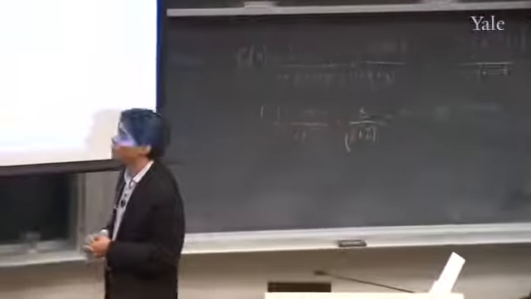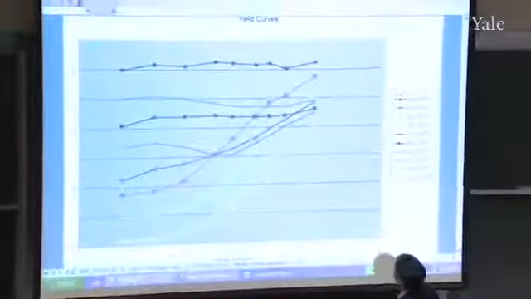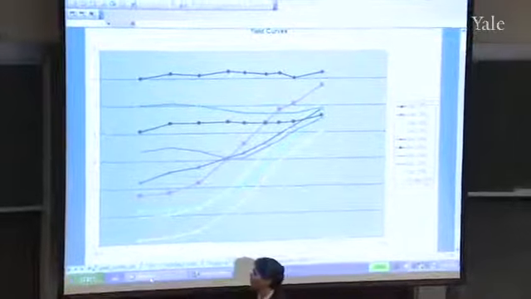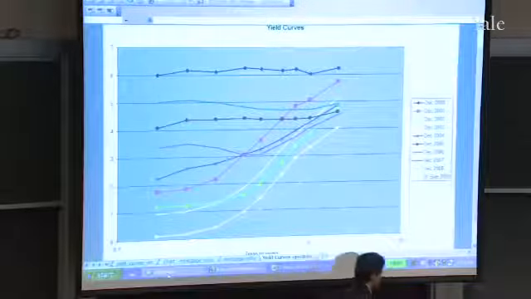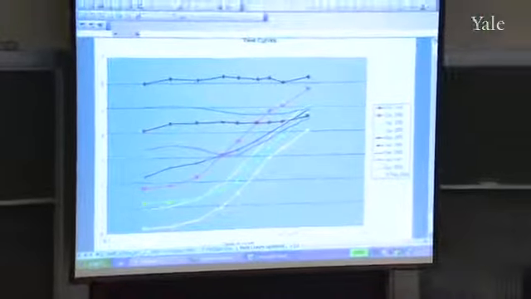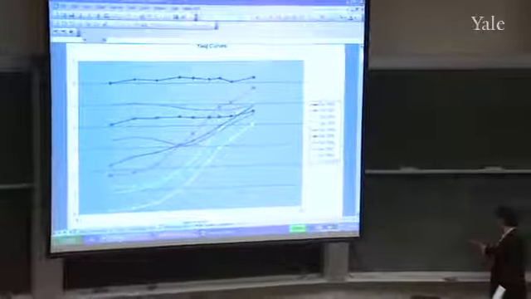So what would you find if you opened a newspaper? You would find for different maturities, used to be up to 30 years, the yield on the various government bonds. Okay, so why would you find the yield?